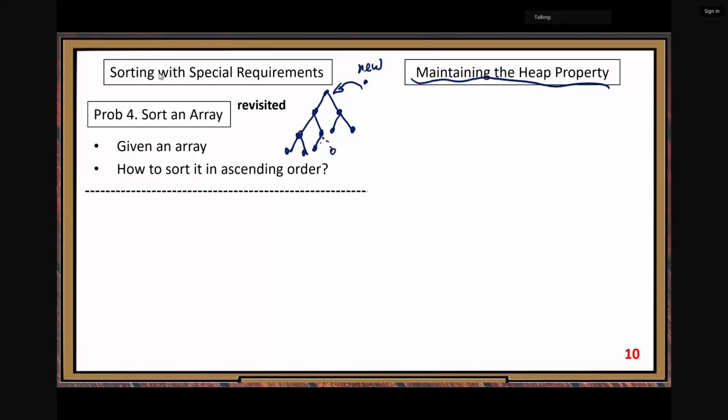But after you put it, it's very likely the max heap property is violated. Then what should you do if the max heap property is violated? Think about what you should do.